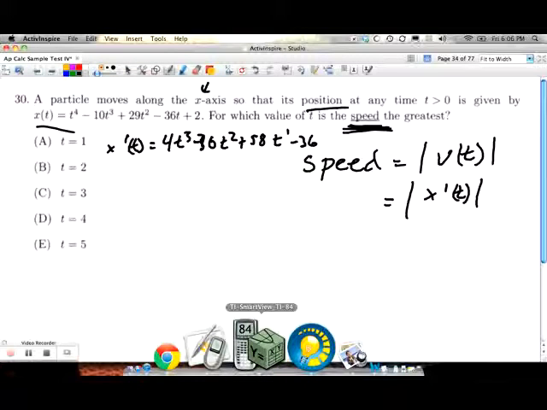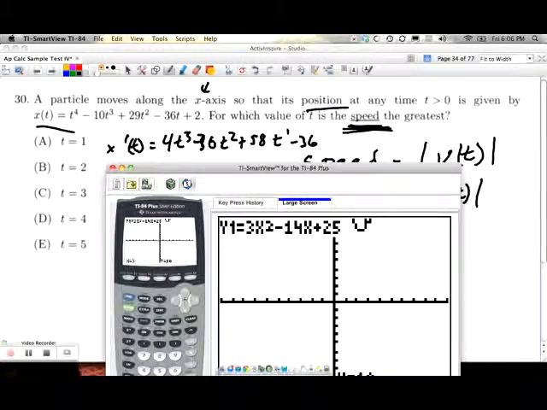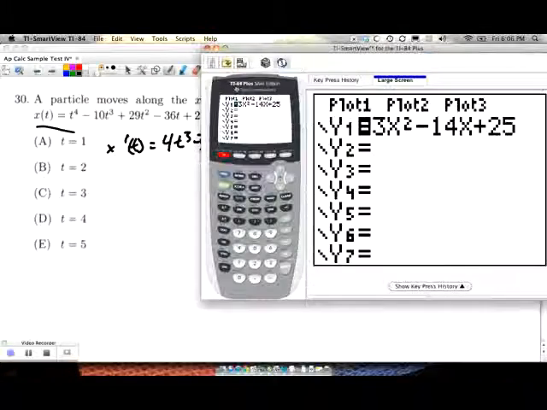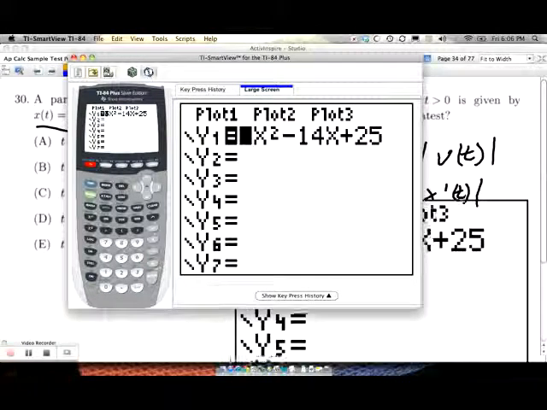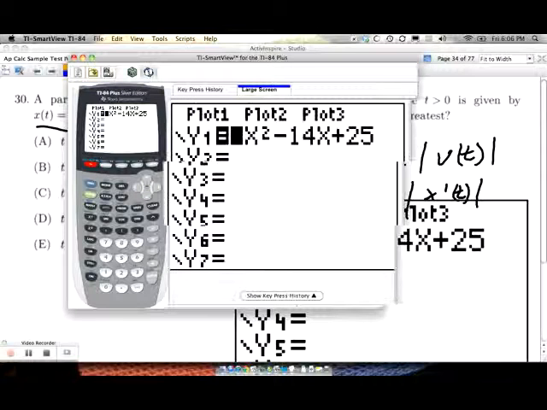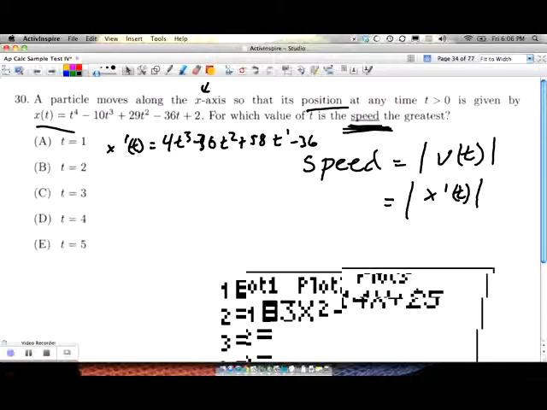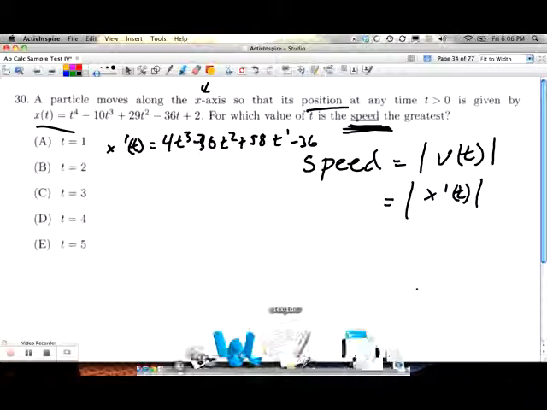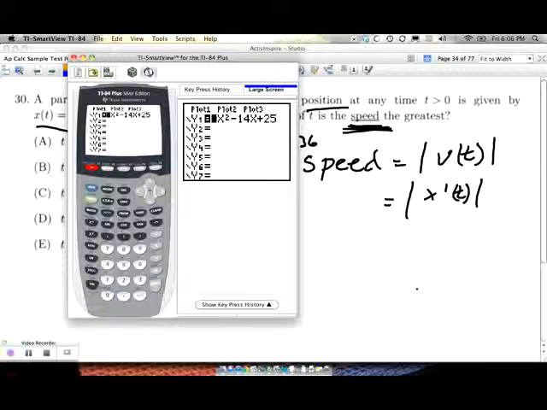So I'm going to graph that. So I go to my y equals here, and how am I going to do this? Let's do this. We're going to shrink this. I didn't know I could do that. Cool. I can actually copy and paste the picture. All right. Going back to what I was looking at here.